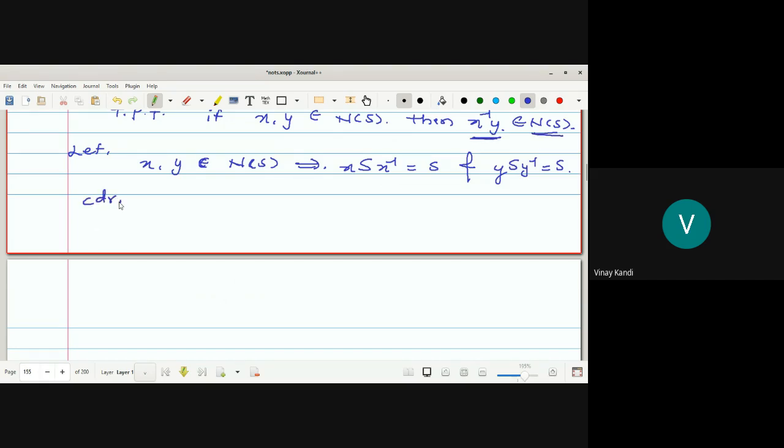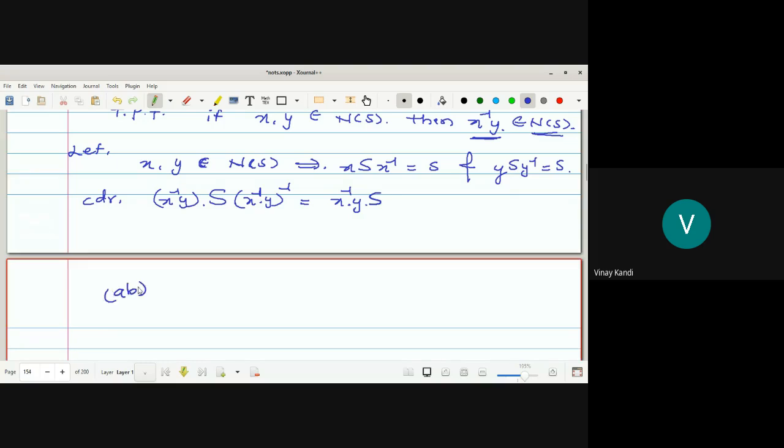Consider x inverse y into capital S into (x inverse y) inverse. This is the element we have to find out. Now look here, this is x inverse as it is, y as it is, capital S as it is.